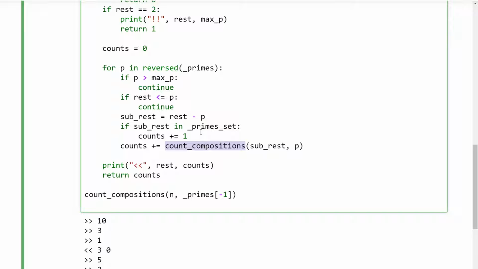If we're looking at 5 as a rest, and max p equals 5, then we count once. If we're looking at 5 and max p equals 3, we also count once. And if max p equals 2, we don't count. So these are 3 cases.